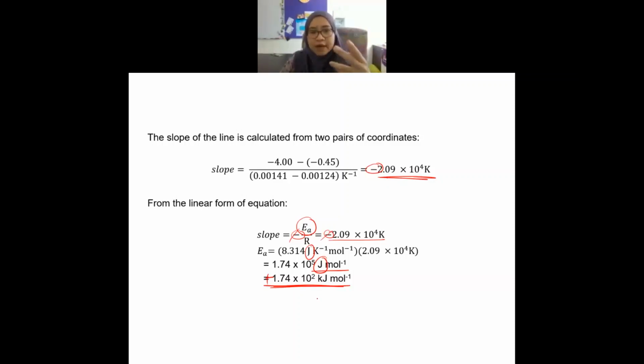By right, the EA should be given to you, but check the unit, whether it is given in joule or kilojoule. If you don't use units, you definitely won't notice things like this. That is why units are very important. I stress this once more.